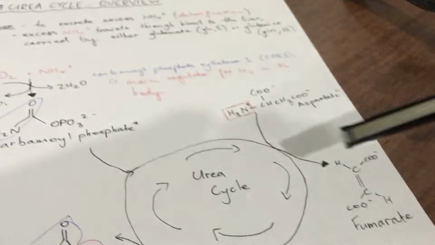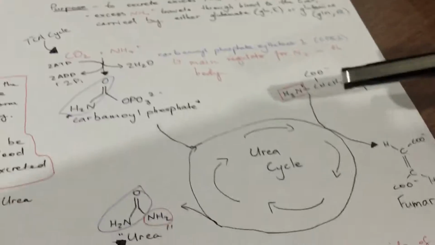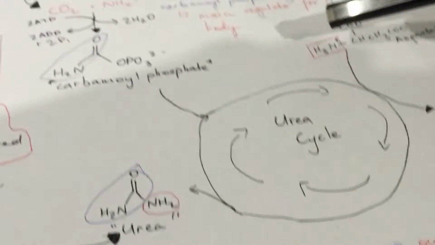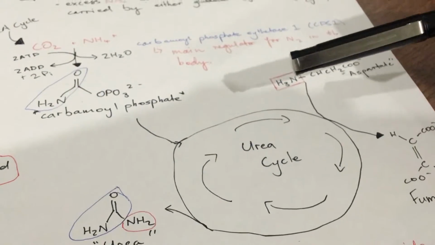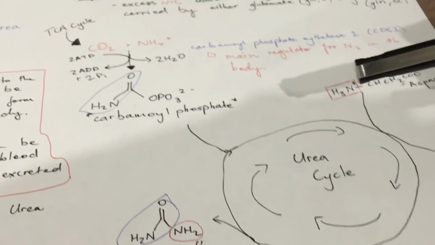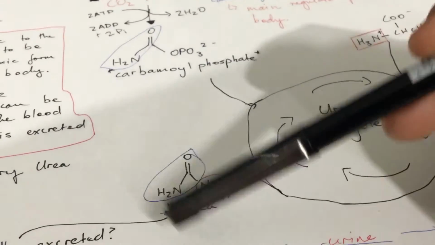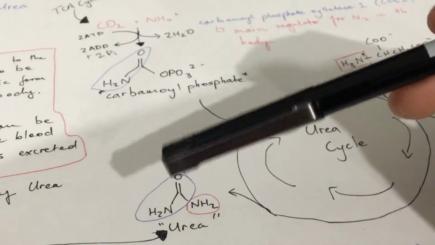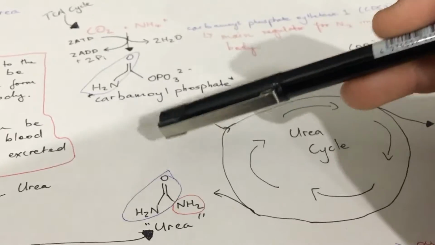So I've just got the structures there for you guys to notice how this happens. Now, you'll notice I also had a red outline on this ammonia ion here, and that's because throughout the steps, you eventually get to urea, and this first part of the molecule comes from the carbamyl phosphate.